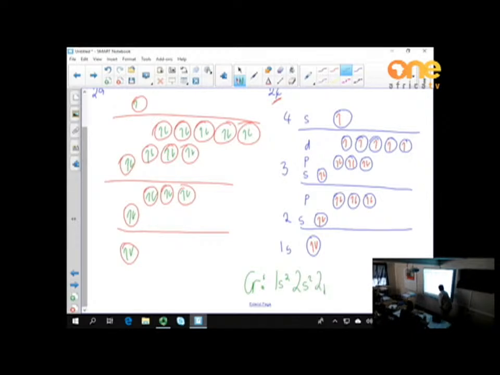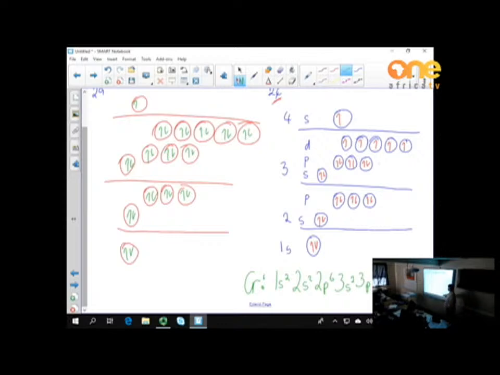The 2p subshell has 6 electrons. The 3s has 2. The 3p has 6. The 3d has got 5. The 4s has got 1. And there is the spd notation of an element.